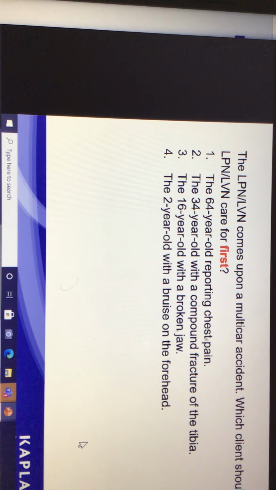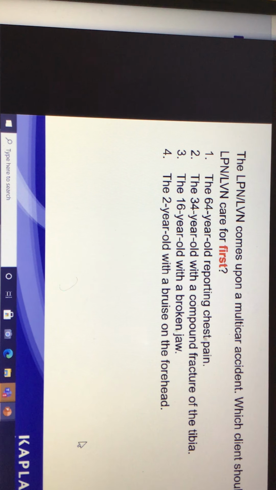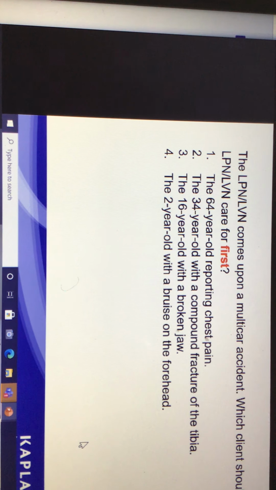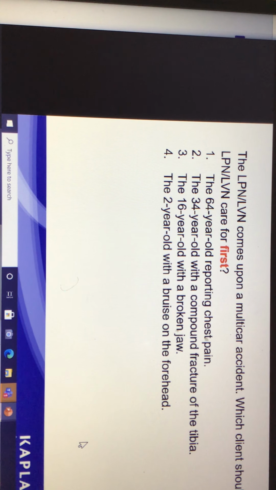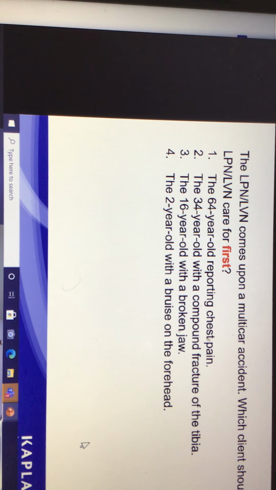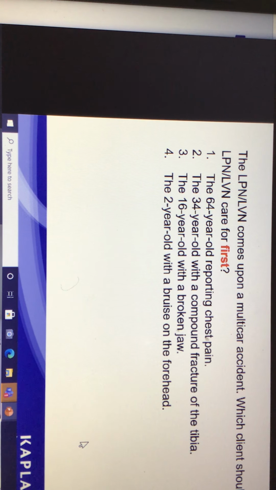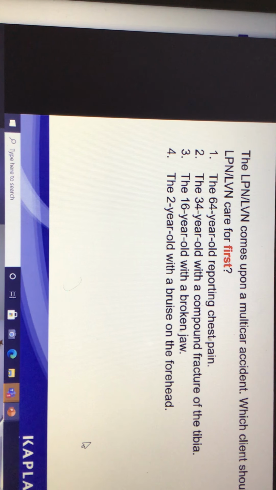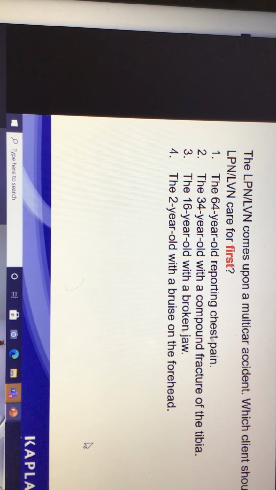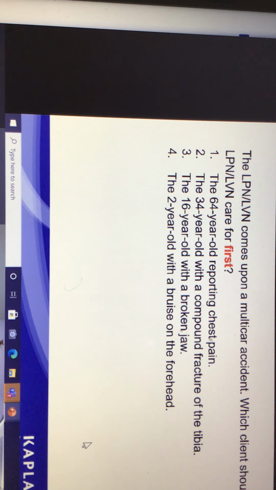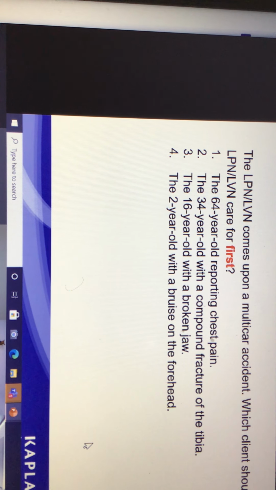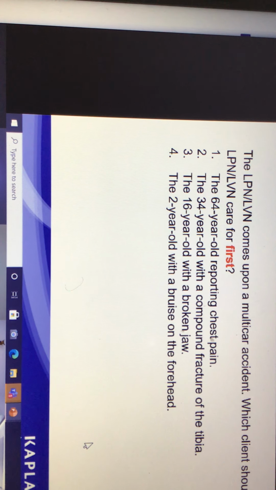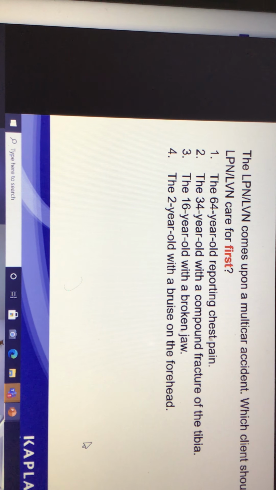All right. Now, what about the 35-year-old with the compound fracture of the tibia? A, B, C, or none? None. Well, what would a fracture do? Could bleed. Would it interrupt your circulation? Or could it? Okay, so let's put a C there. Isn't it?